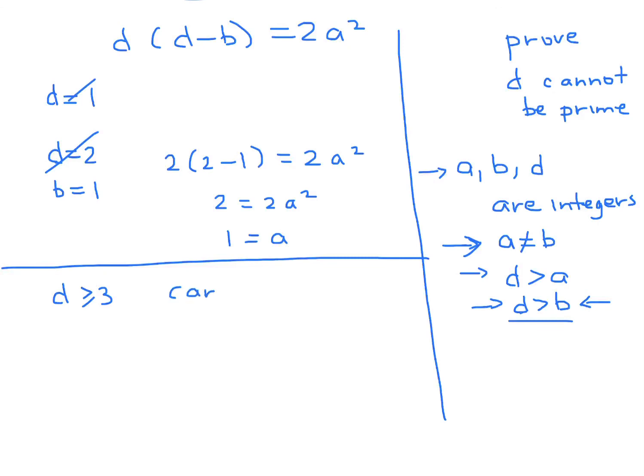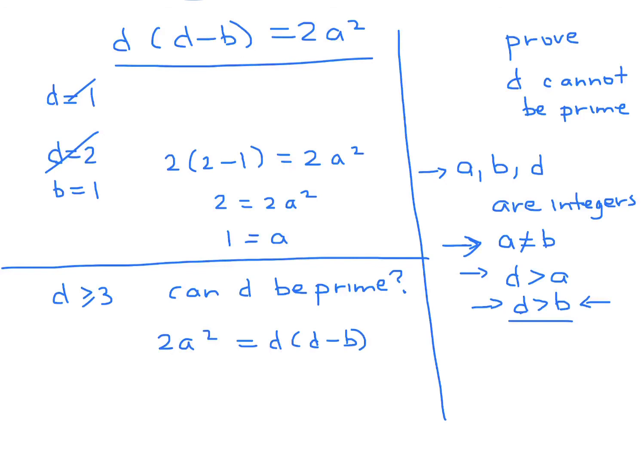But can it be a prime? Can D be? Well, we need to work with this equation here. We got 2A squared is equal to D times D minus B, like that. And therefore, 2A squared over D is equal to D minus B. Correct?